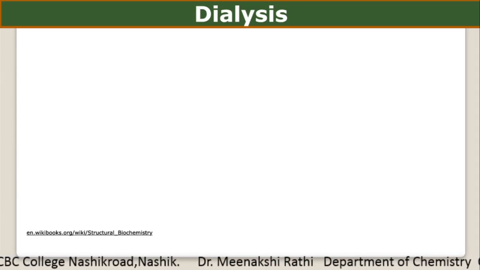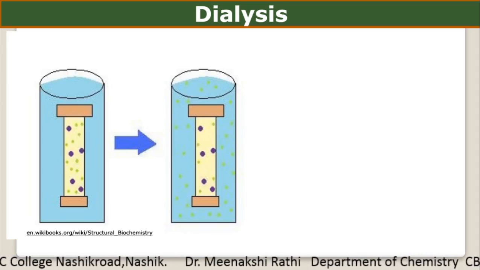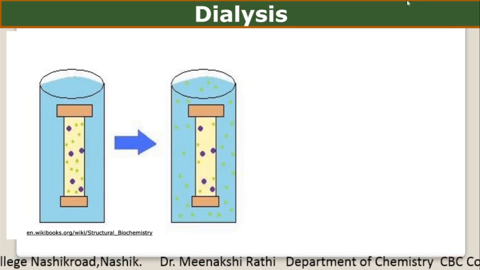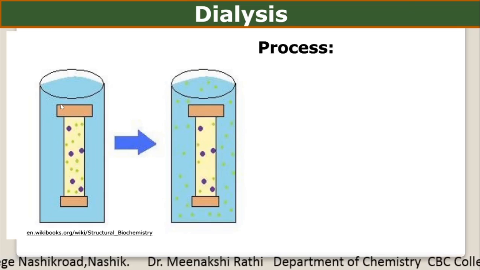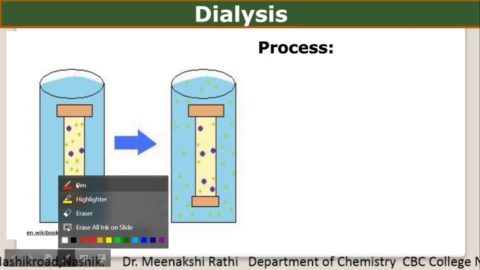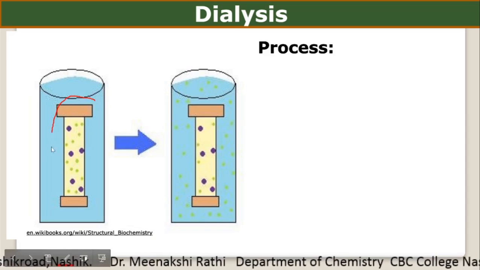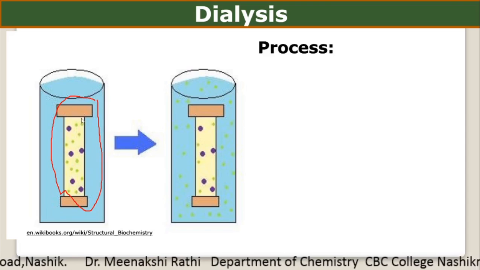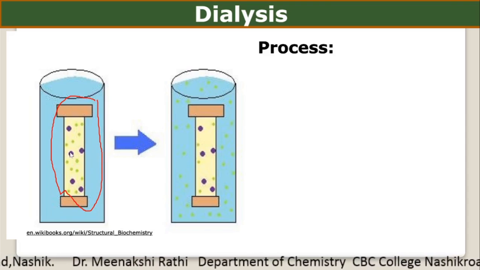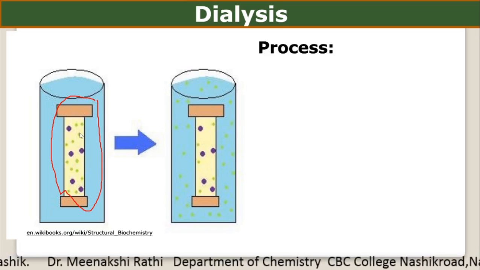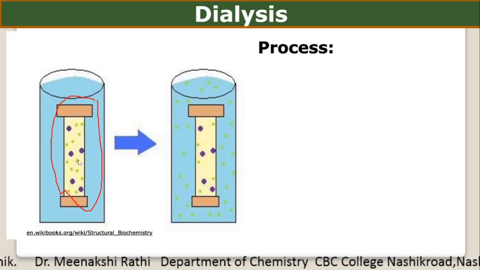Now let's see this diagram. Here you can see that in this container there are some smaller molecules as well as some bigger molecules. Purple colored molecules are bigger and green colored molecules are smaller.